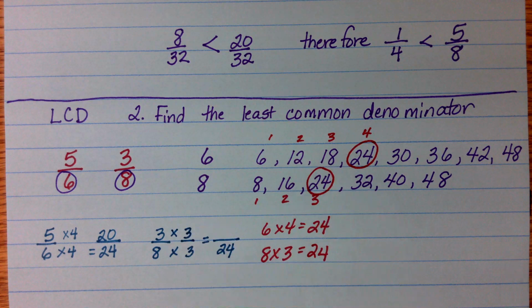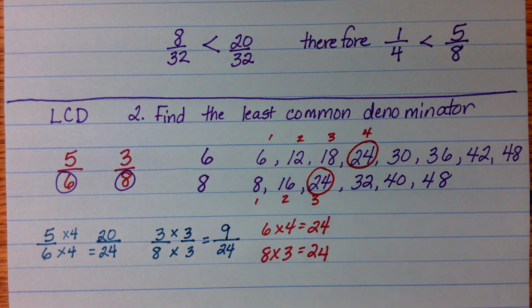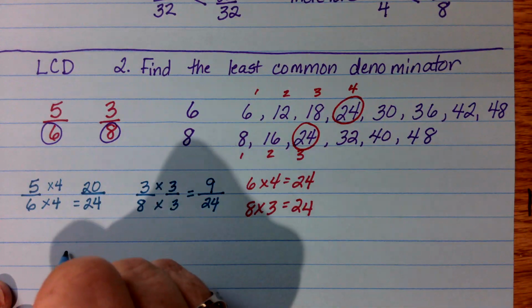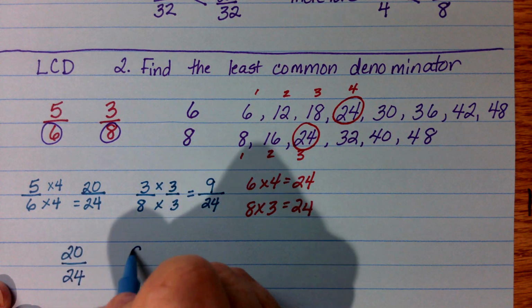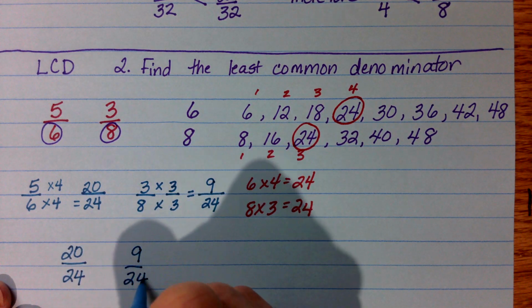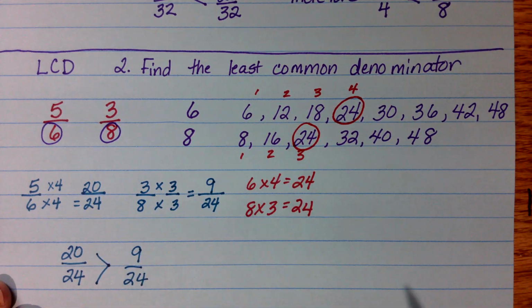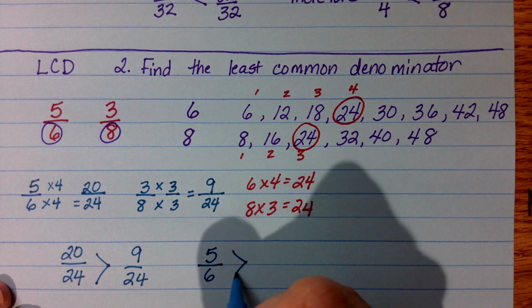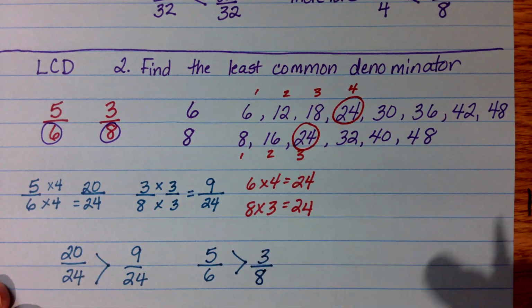So I'm going to multiply by 3. 3 times 3 is 9/24. So when comparing 20/24 to 9/24, 20/24 is greater than 9/24. So 5/6 is greater than 3/8.